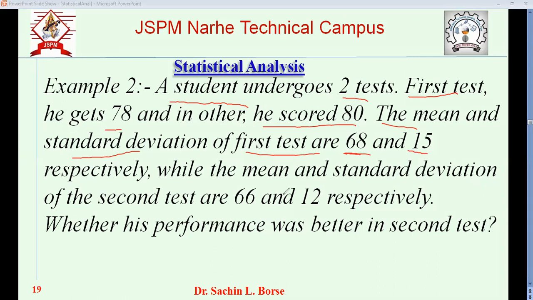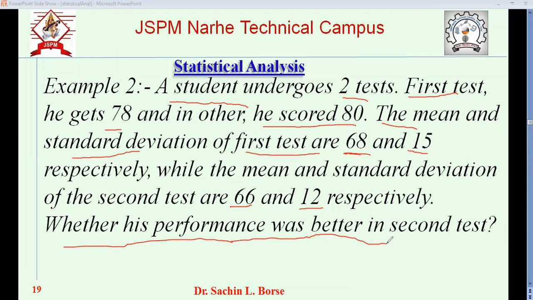Now we'll go to the second test. In the second test, the mean was 66 and the standard deviation was 12. Now we have to identify whether his performance was better in the second test or the first test.